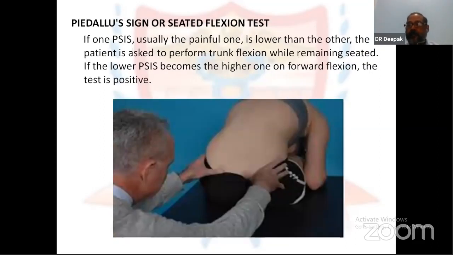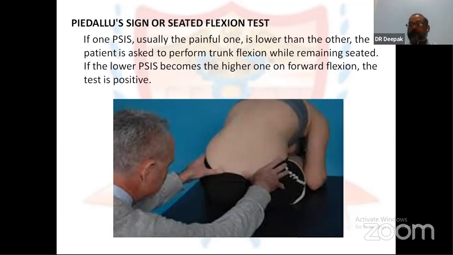Then next is the seated flexion test. We palpate both sides of the PSIS. If one PSIS is inferior to the other, that means the lower one is subluxated or involved.